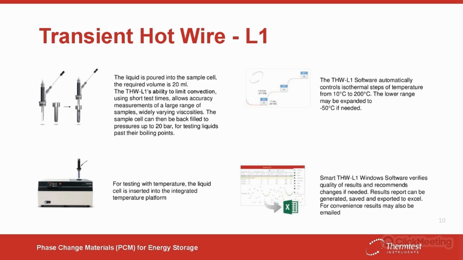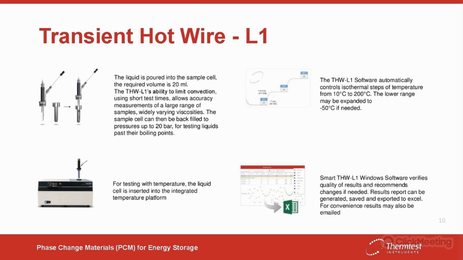Then the measuring cell with the sensor can be placed inside the integrated temperature platform that allows the temperature control without the need of any external heating or cooling system.